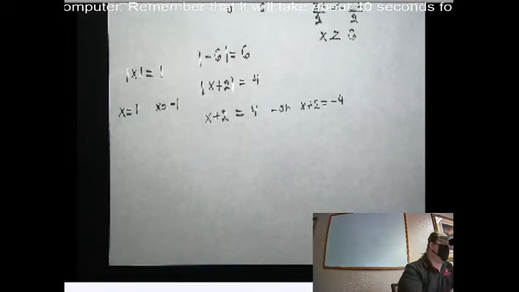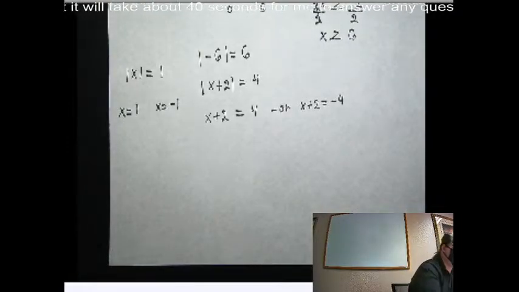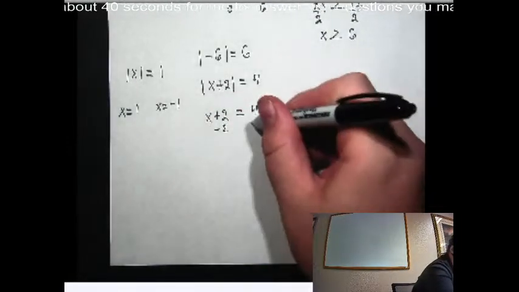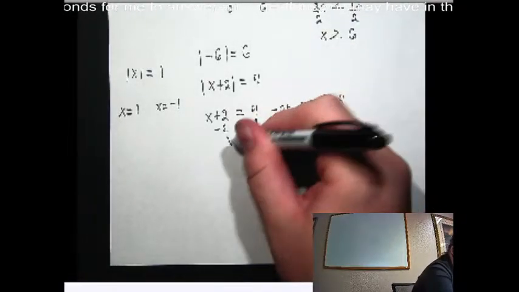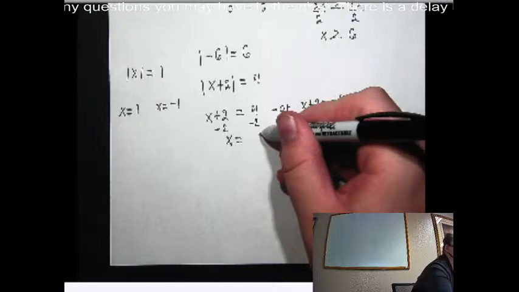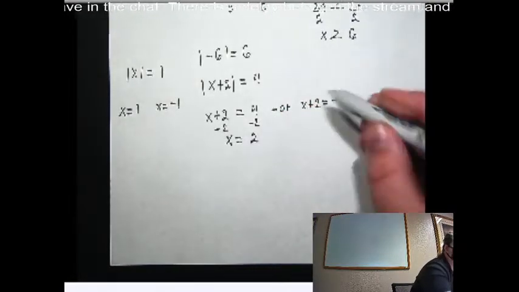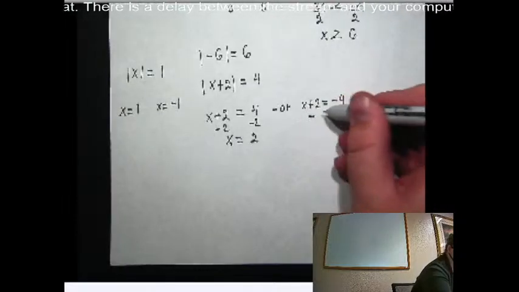So let's go ahead and solve. Pretty simple. What do we do? Yeah, subtract 2. It's minus 2 to both sides. That means that here x could be equal to what? 2. Okay, same thing on this side. Subtract 2.